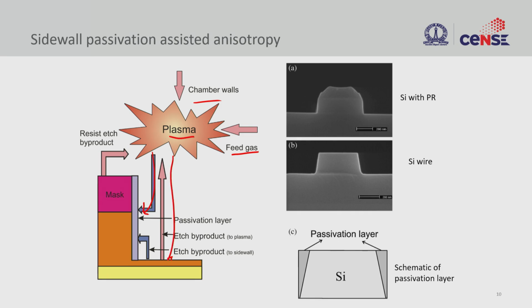The reaction would create byproducts, either byproducts to the plasma or byproducts to the sidewall. But when the byproduct sits on the sidewall, it's going to protect my material here, and then I can only get access to the material at the bottom for etching.